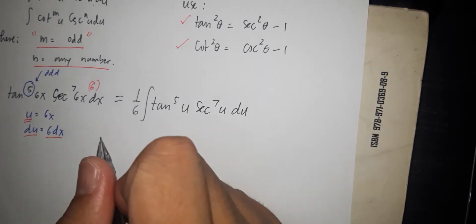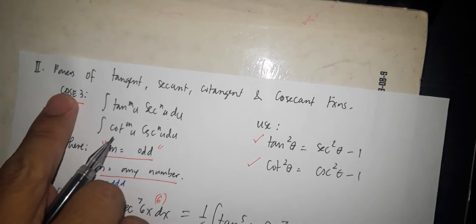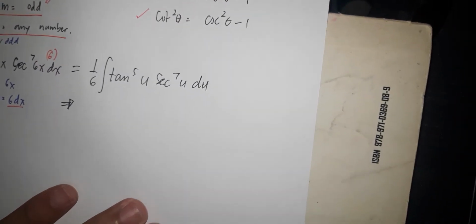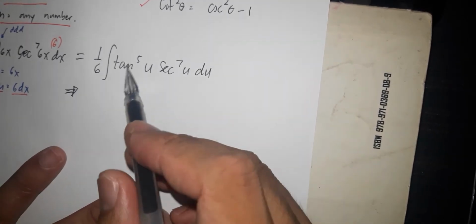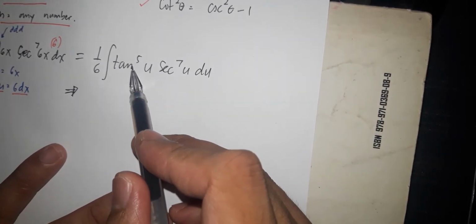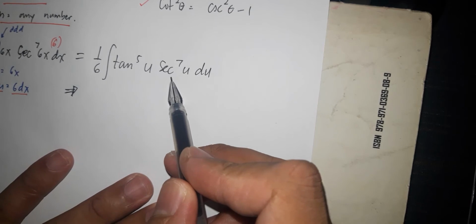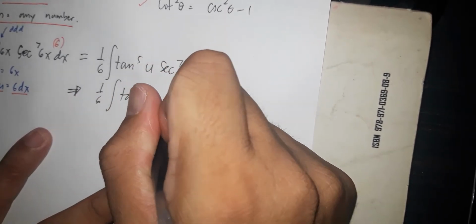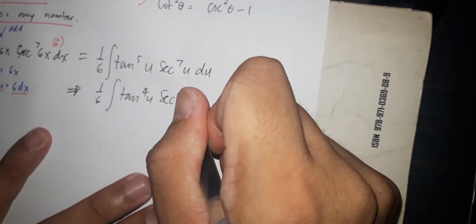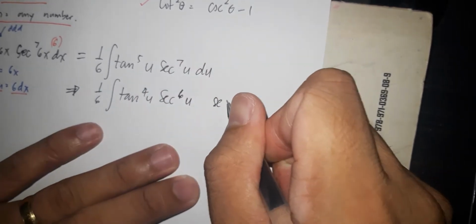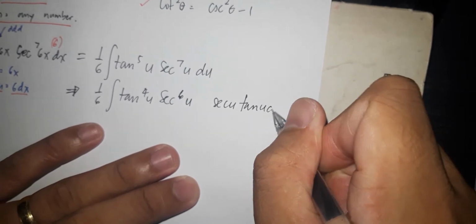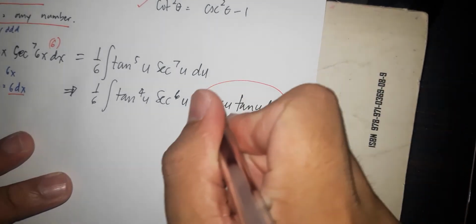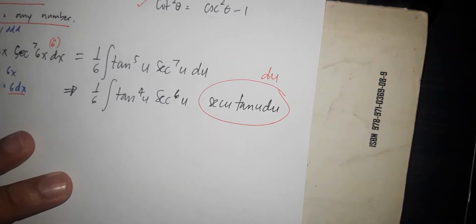So, anong gagawin natin? Ang step natin dito, since naging case 3 na siya, ang attack natin, we are to get one function from each. Ibig sabihin, pag kumuha ako ng isa kay tangent, magiging tangent to the 4th. Pag kumuha ako ng isa kay secant, magiging secant to the 6th. So, that's tangent to the 4th u, secant to the 6th u, secant u, tangent u, du. Yung kinuha nating tigisa, this is actually the derivative of secant u.